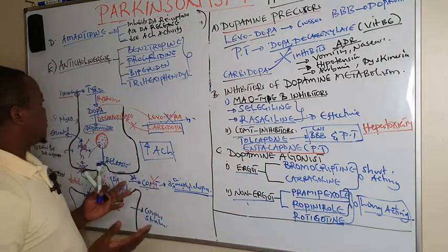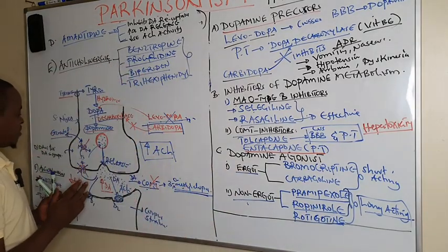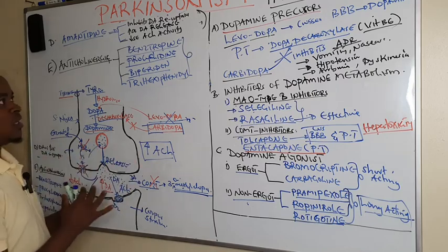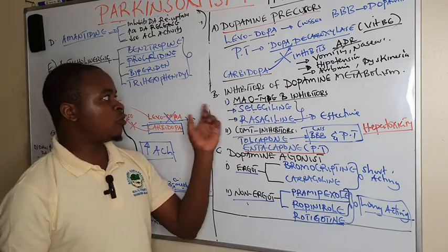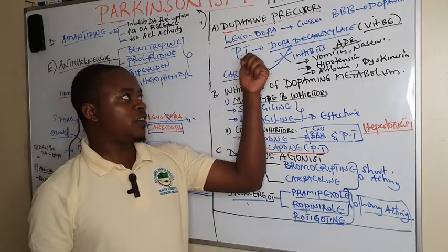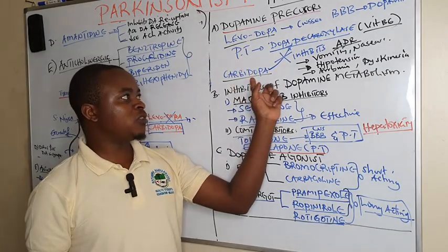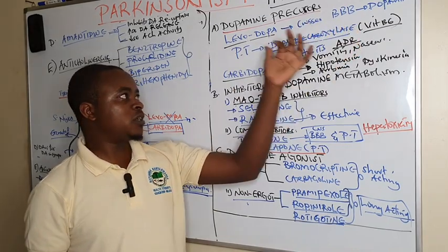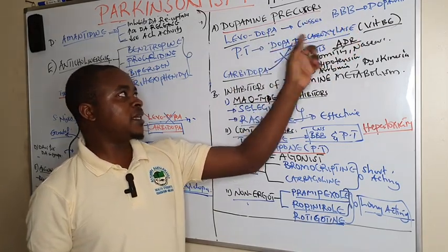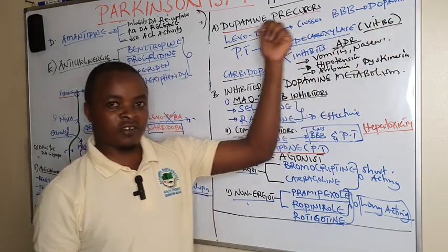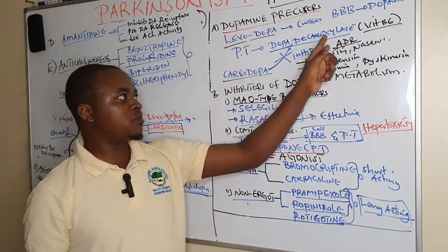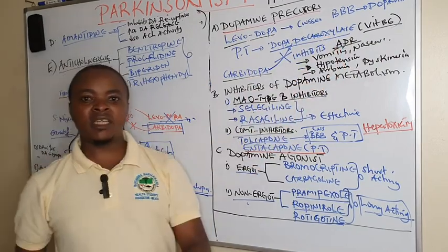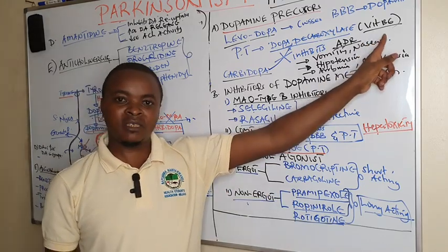Then we have seen how tyrosine is formed and different drugs that inhibit different pathways, whereby you have seen levodopa and carbidopa given in a combination, whereby carbidopa cannot cross the blood-brain barrier, whereas levodopa crosses. So given in a combination so that carbidopa can increase the effectiveness of levodopa by inhibiting dopa decarboxylase. But we have said it should not be given with vitamin B6.